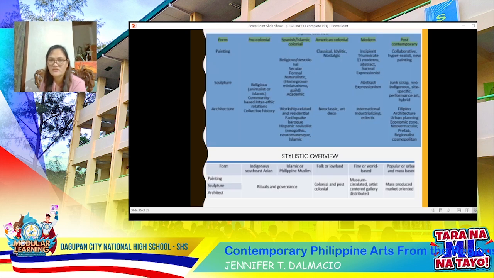For painting, in the post-contemporary, we have collaborative, hyper-realist, and the new painting. For sculpture, we have junk scrap, neo-indigenous, site-specific, performance art, and hybrid. For architecture, we have Filipino architecture, urban planning, economic zone, the neo-vernacular, the regionalist, and cosmopolitan.